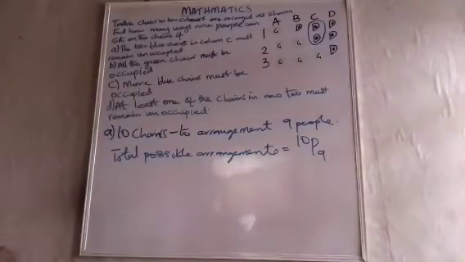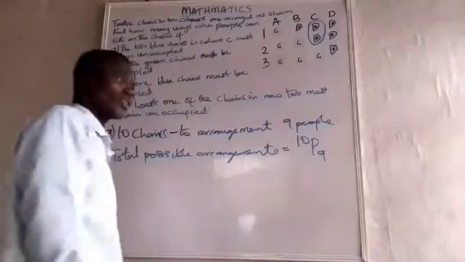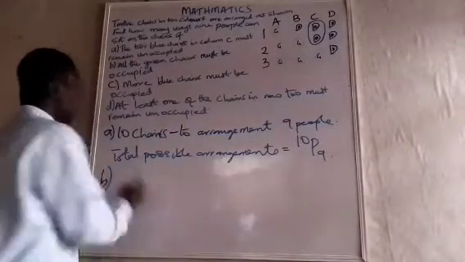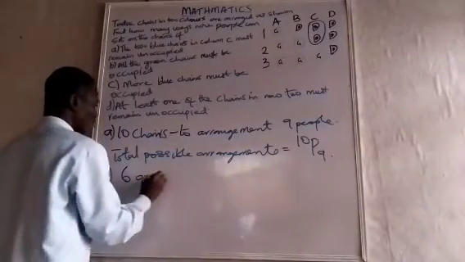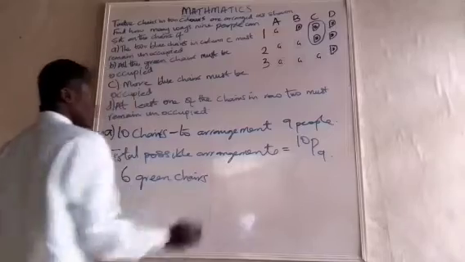Straightforward. It now says all the green chairs must be occupied. What does that mean? B. How many green chairs do we have? We have 6 green chairs. So, what does that mean?